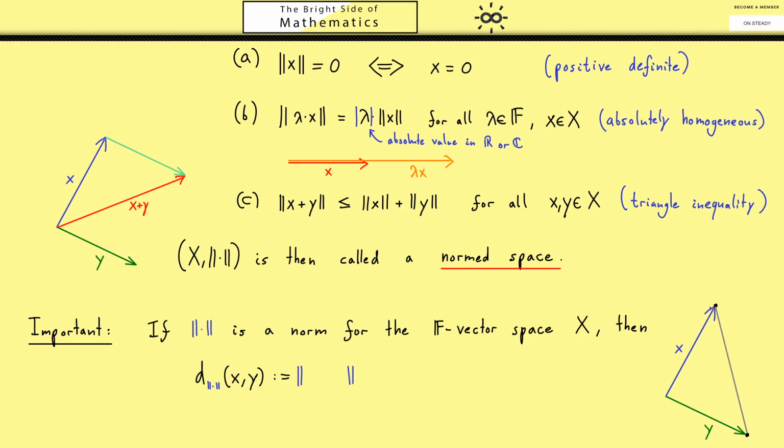And then the distance between the 2 points should be given by the connection vector, which is x minus y, and then we take the length of it. In fact, this then defines a metric for the set X. This one is not hard to show. I advise you to try it out, so proving the 3 properties of the metric by just using the 3 properties of the norm.